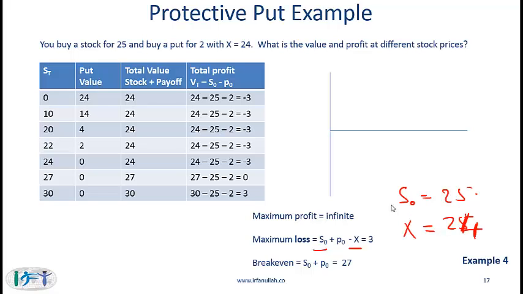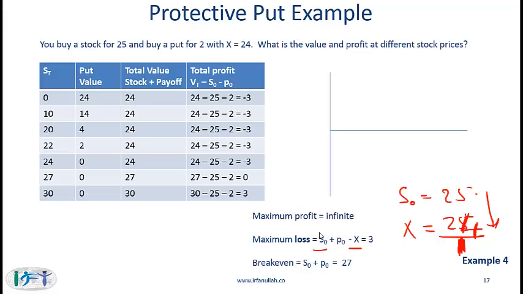The difference between S0 and X is 1, and that adds to your losses, because when the stock price comes down from 25 to 24, you lose $1, and only after that, if the stock keeps going down below 24, does the put and the stock cancel each other out. But the $1 loss has been incurred.